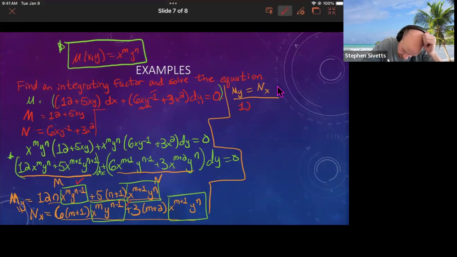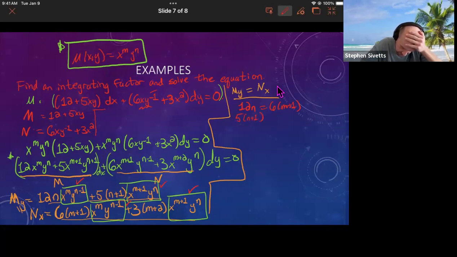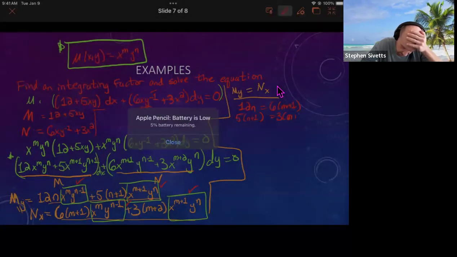That means 12n has to equal 6 times the quantity (n plus 1). And then match the coefficients attached to x^(m+1) y^n. In that case, it means 5 times (n plus 1) equals 3 times (m plus 2).